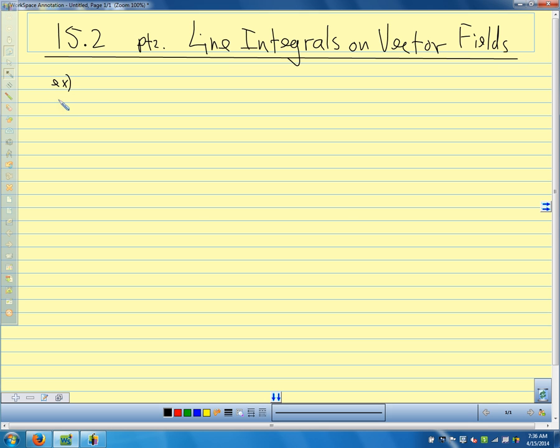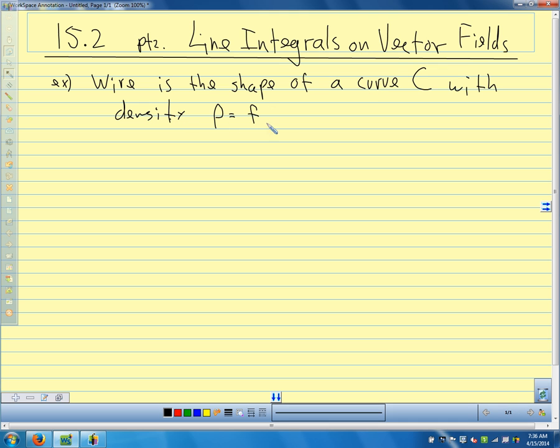So let's say the problem says you had a wire in the shape of a curve C with density rho equals f of xy. Find the mass.